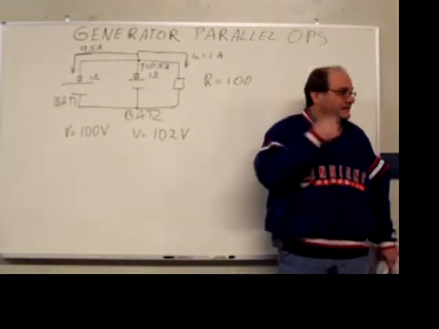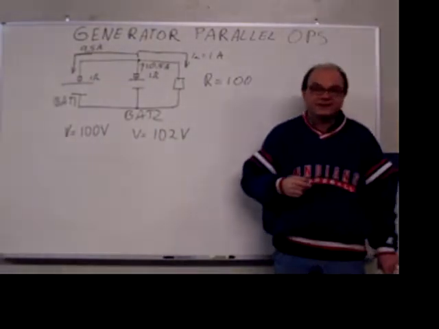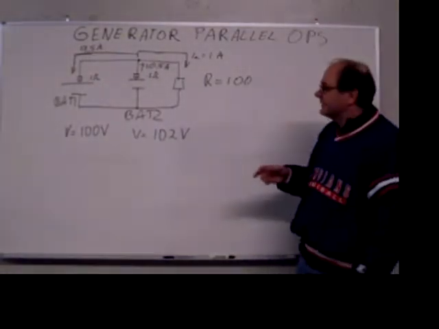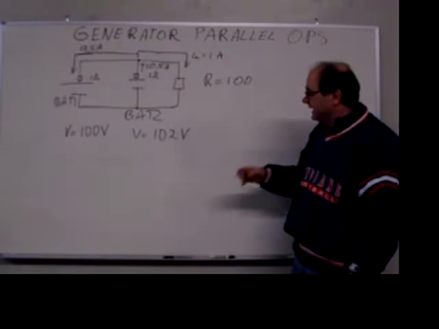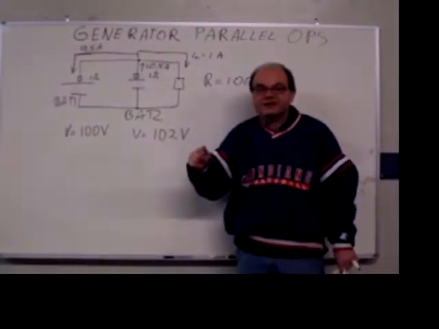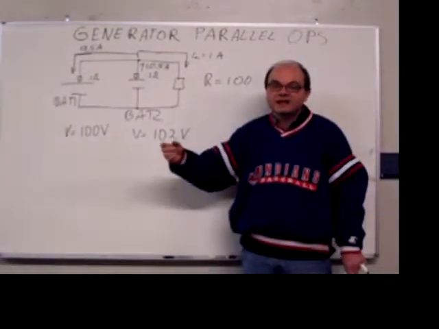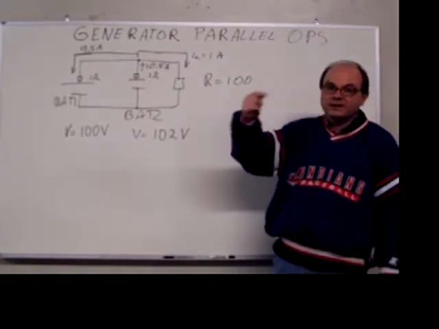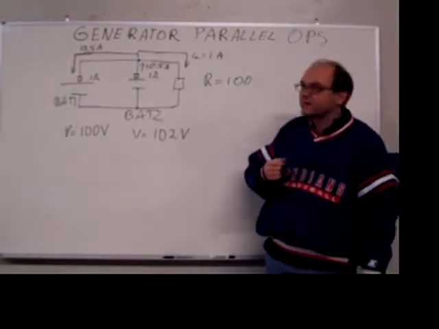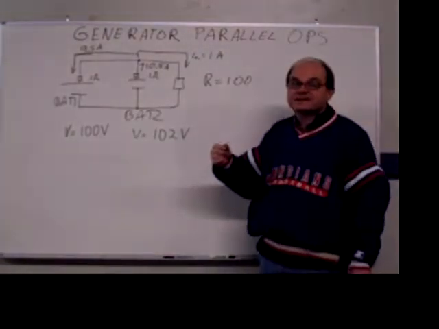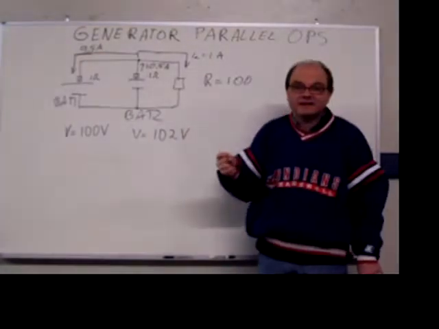And this is why these O2 and O3 generators are not quite suitable because of the tolerances involved, which means whatever generator has a slightly higher voltage is going to push a current into the lesser voltage generator. And that can be excessive, especially on these 10 kWs.